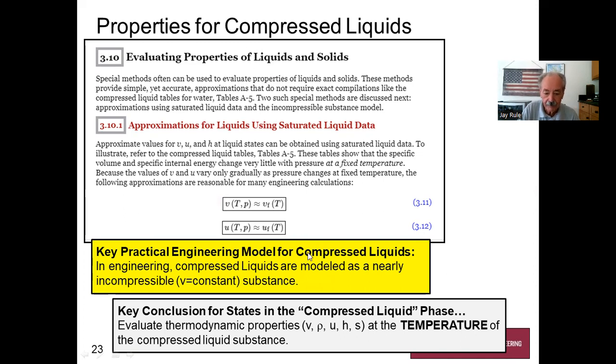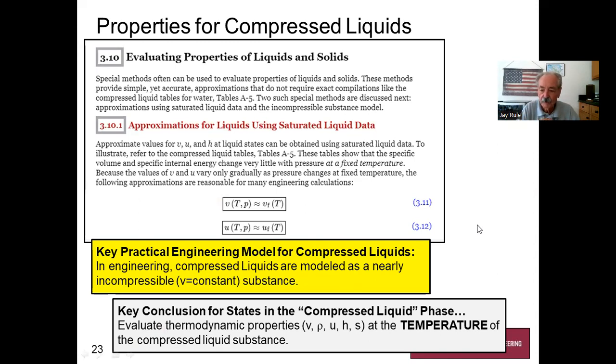In the text, it reads that for things like tap water, it turns out that tap water is basically an incompressible substance. You can't make tap water smaller, no matter how much pressure you exert on it. It's true. We engineers treat tap water as an incompressible liquid. Easy to remember.